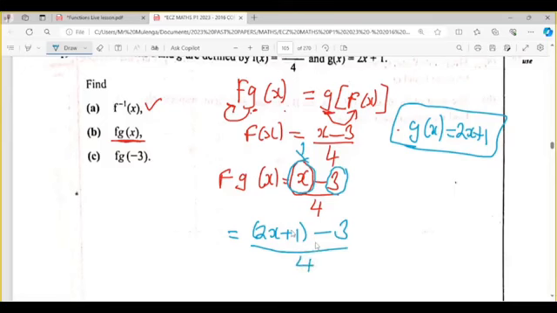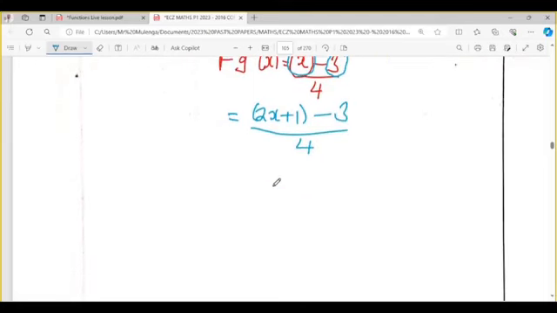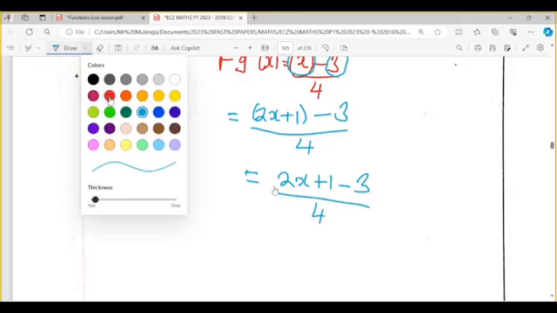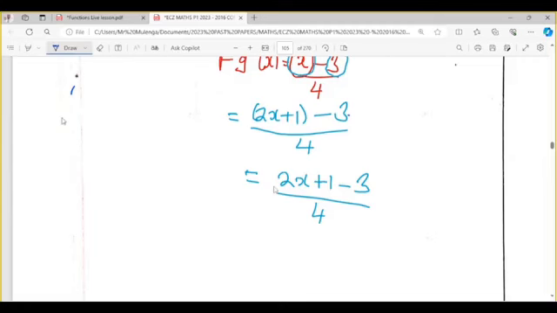I hope that you have understood what I've done there. Now, from there, what are we going to do? We just say equal to (2x plus 1 minus 3) over 4.